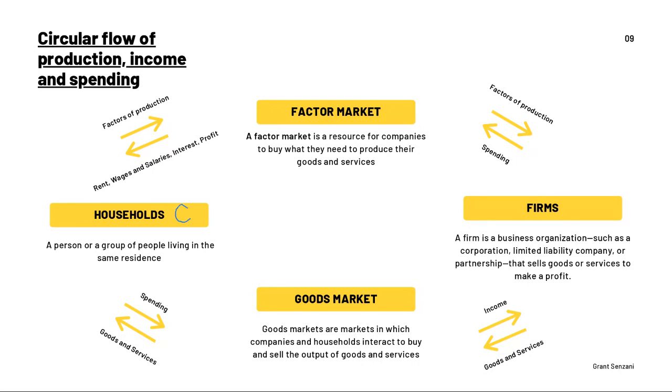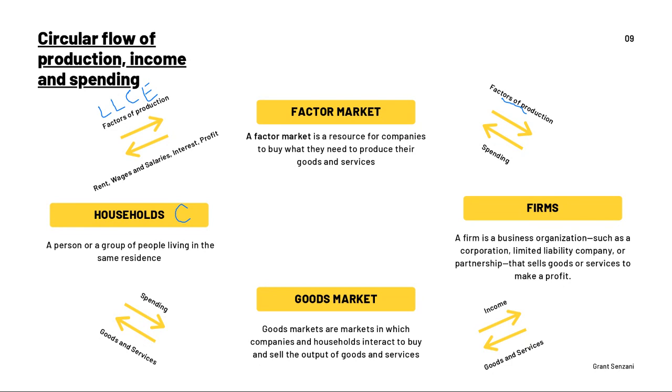And what they do, and we're going to do the income first, is that they've got factors of production. We talked about the factors of production, and we said that this is land, labor, capital, and entrepreneurship. These factors of production go to the factor market. And the factor market is a resource for companies to buy what they need to produce their products and services. These then go to firms.